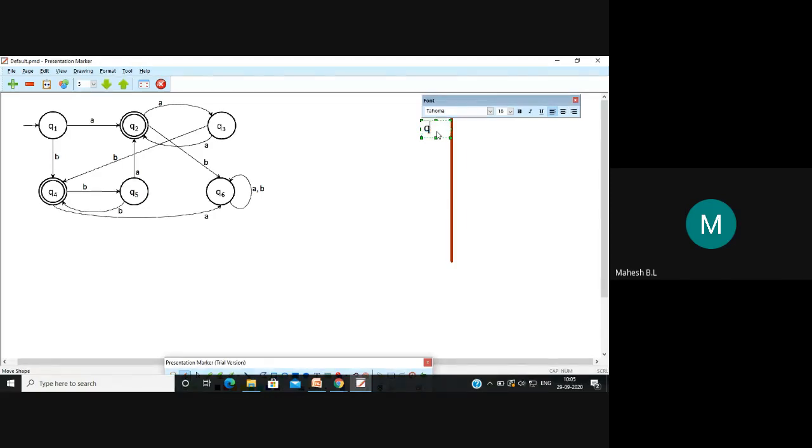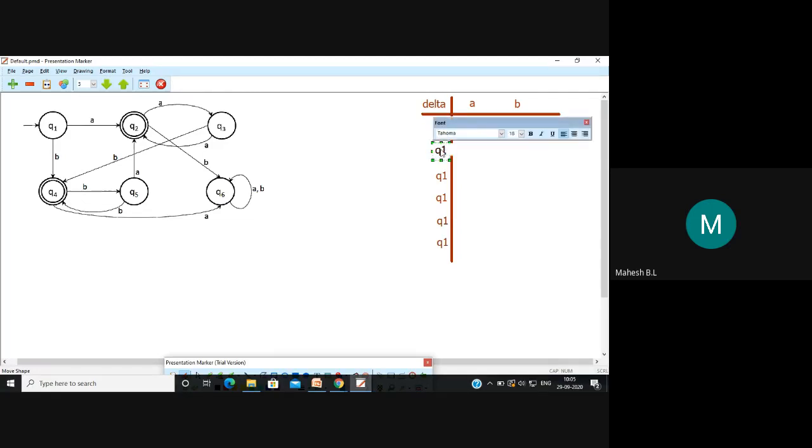So Q1, Q2, Q3, Q4, Q5, Q6. Okay, so these are the states.